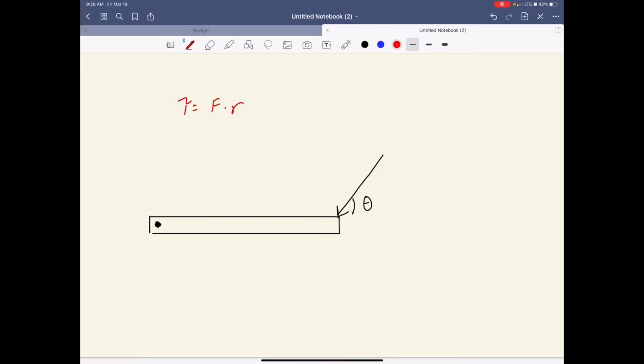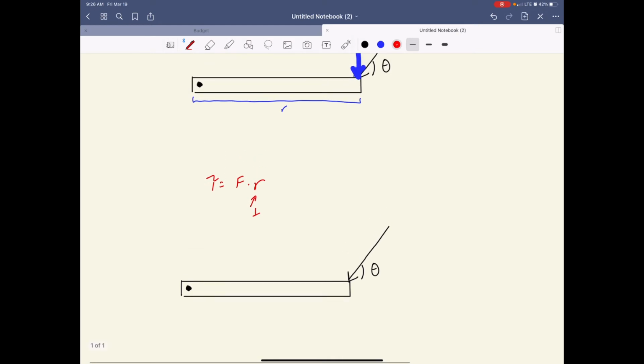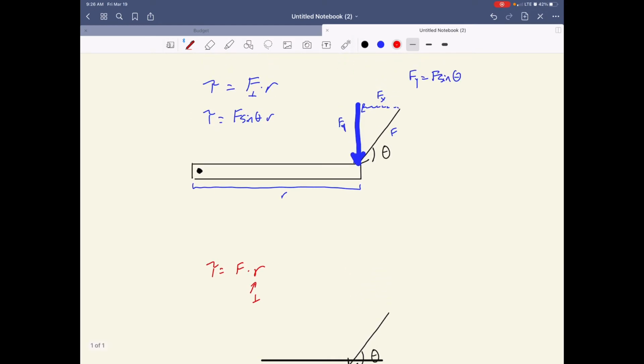So what they sometimes will say is that you need the perpendicular component of the lever arm. So there's a huge difference there. What I'm showing in blue is that you want the perpendicular component of the force, and then you multiply it by the distance it's from the axis of rotation on the lever arm.